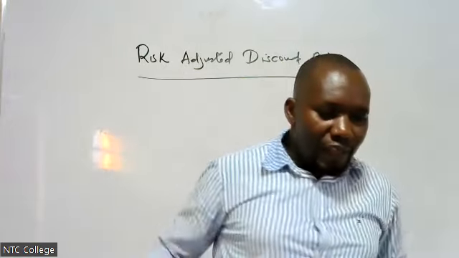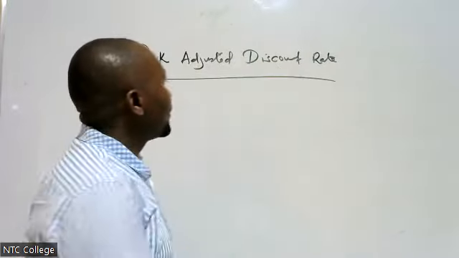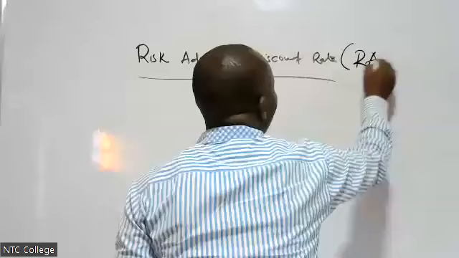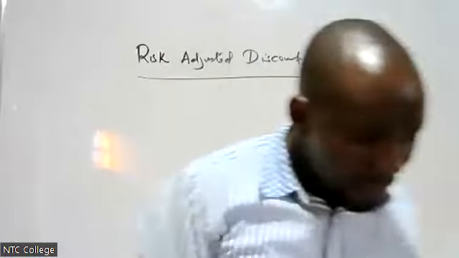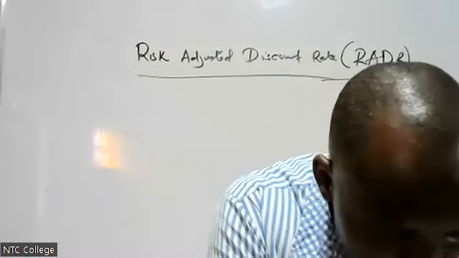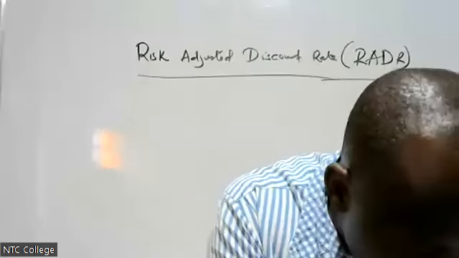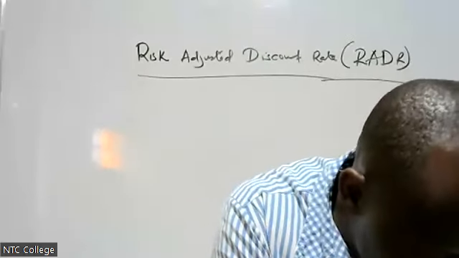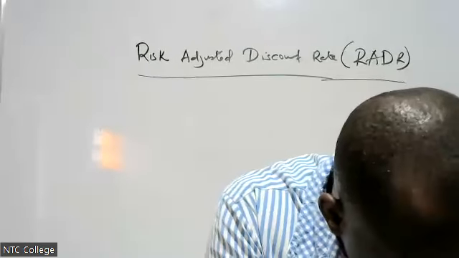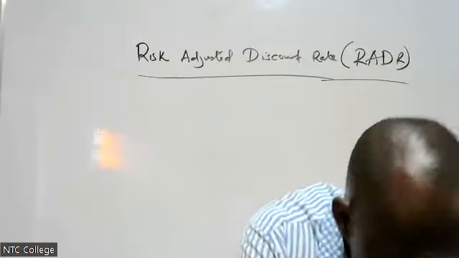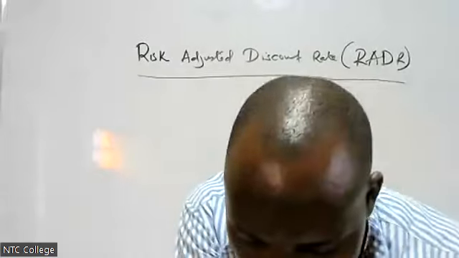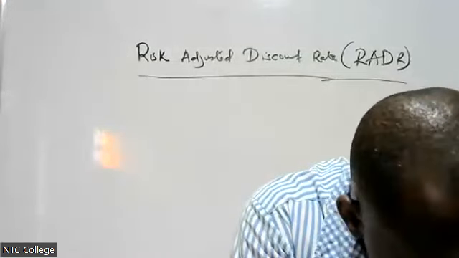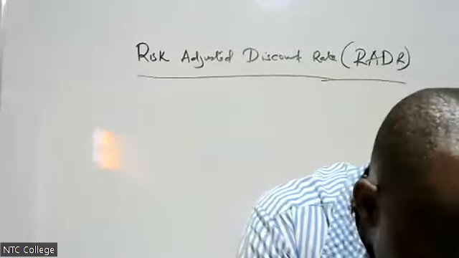I want you to write that this one, which we call RAD, is the adjusted cost of capital that mirrors the level of risk of an individual project.